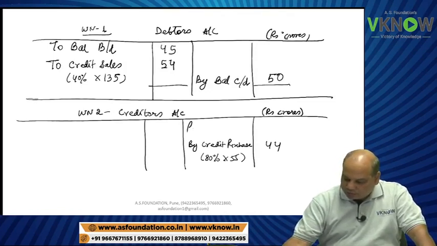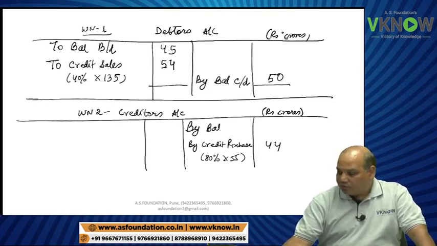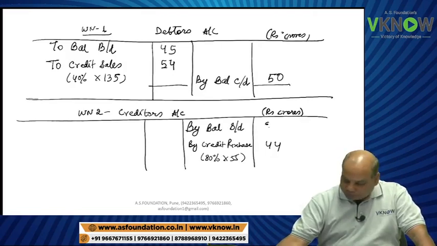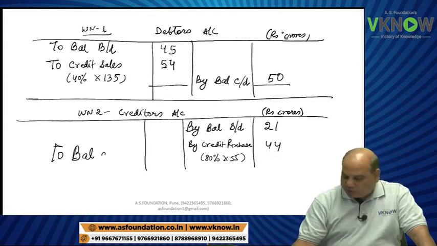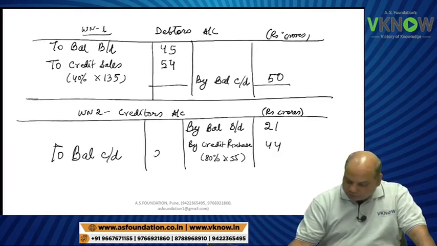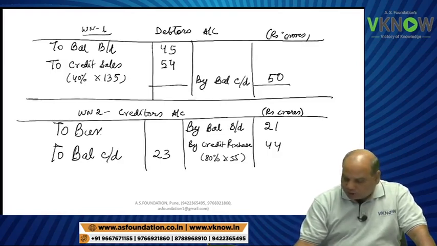Creditor account: by balance brought down given is 21, to balance carried down given is 23. So the missing figure is to bank here.